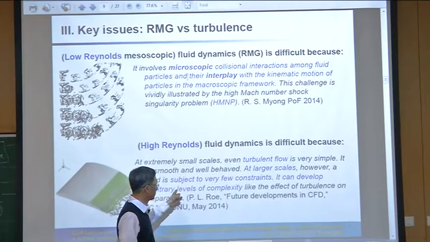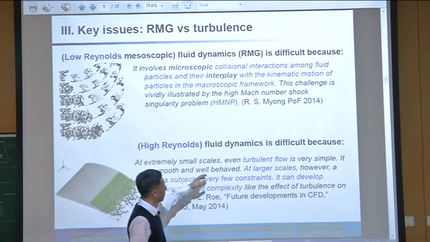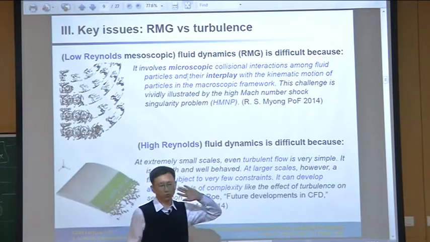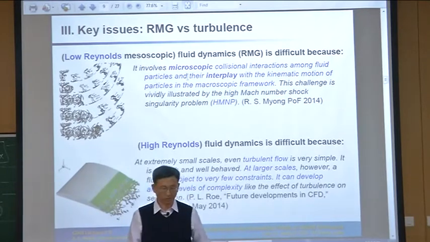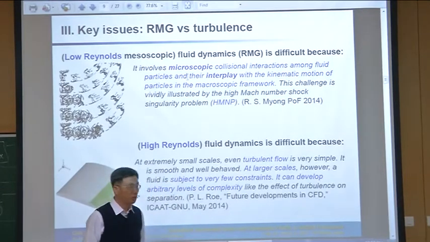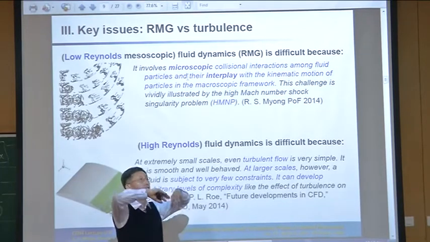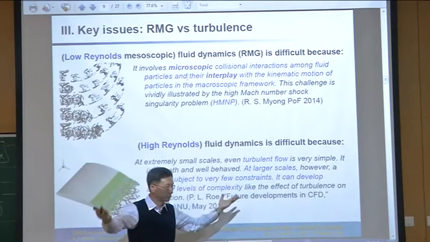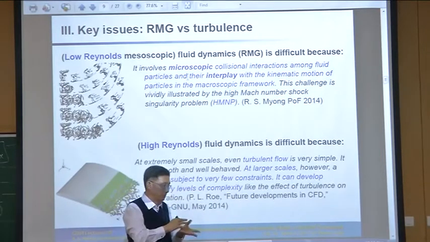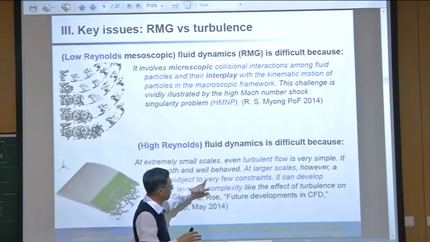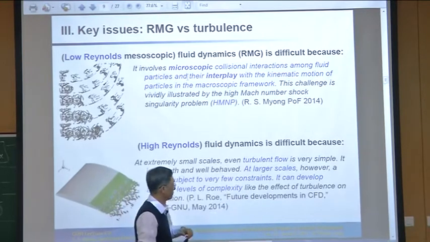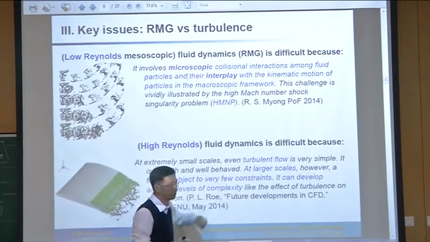In the case of turbulence, at very small scales it is not that difficult to understand, like the direct numerical simulation. But the complexity comes in because in fluid dynamics, the degrees of freedom are open. Everything, you have open degrees of freedom, therefore few constraints, therefore a higher level of complexity.